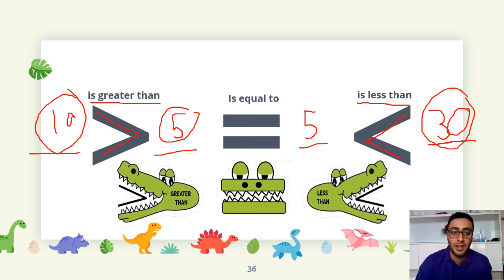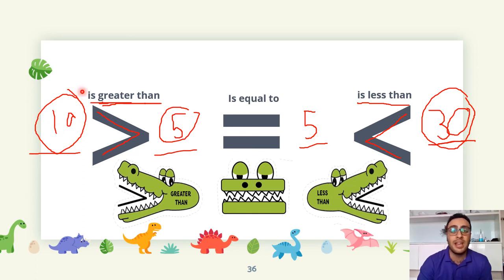Repeat after me. Greater than. Greater than. Good. Less than. Very good. Equal to. Very good. Remember, if the bigger number is on the left side, the crocodile eats the bigger number.